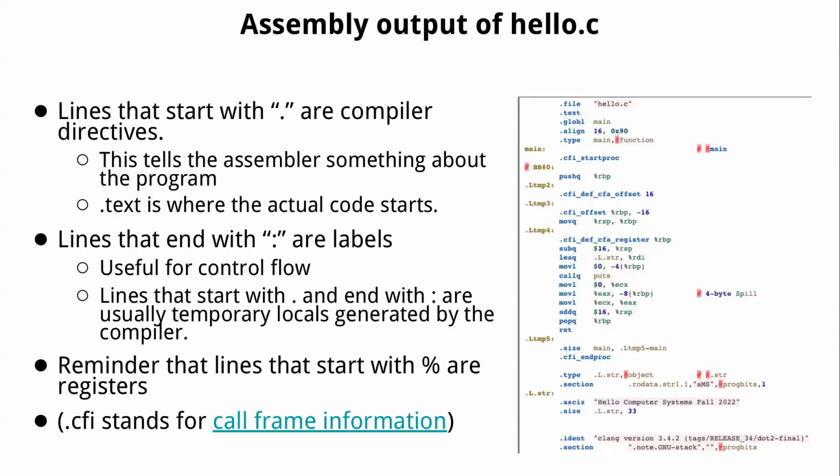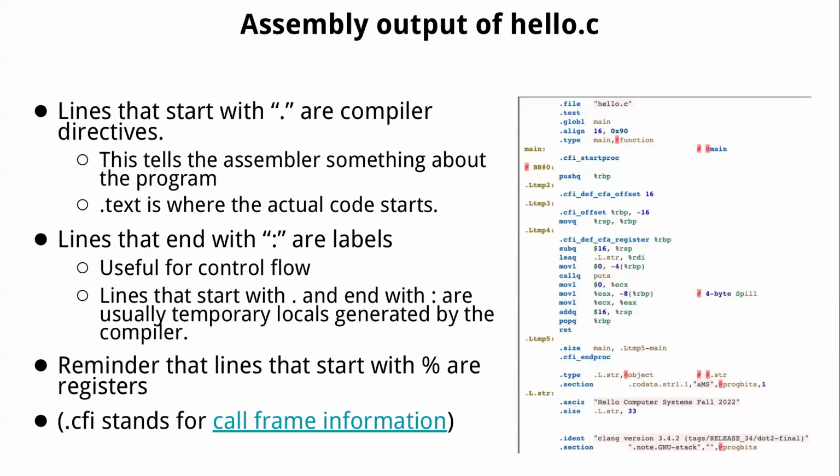Then the very first instruction is actually this one, push RBP. We are saving the value of RBP. We will talk about this next week, why we're doing this. Then after that, we have move RSP to RBP. So here we are overwriting the value in RBP with the value in RSP.